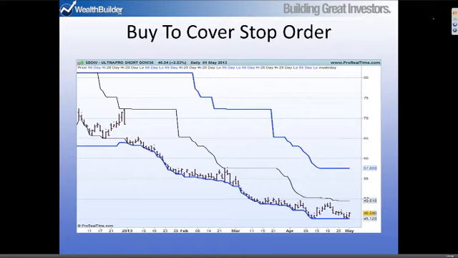The best case scenario is that the price moves down, and then we move our buy to cover stop order down in the direction of the trade to protect our profits. So we're covered with these stop orders in the case of a worst case scenario or in the case of a best case scenario when the price moves in our direction. The worst case scenario is we get out with a small loss. The best case scenario is we get out with a huge profit.